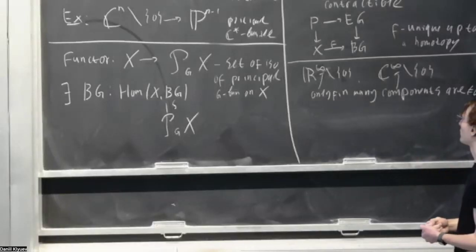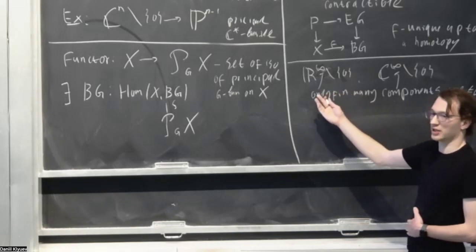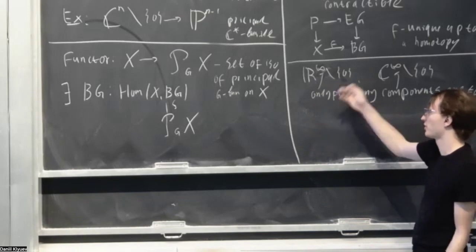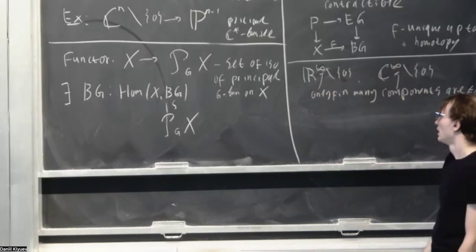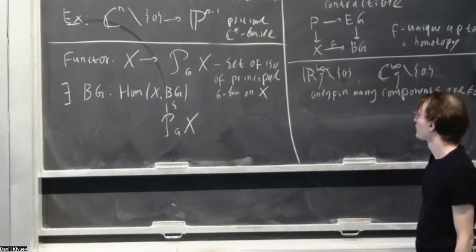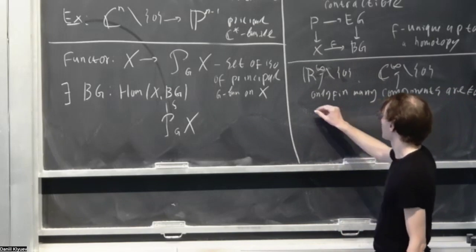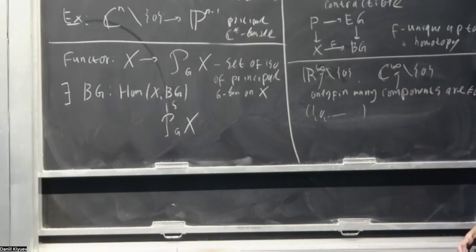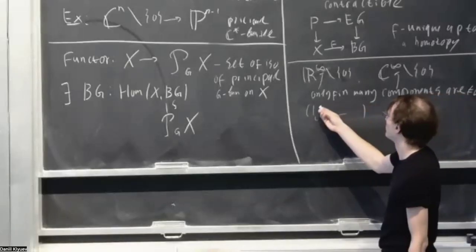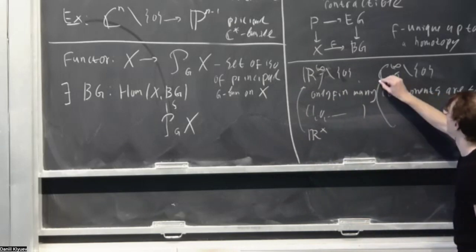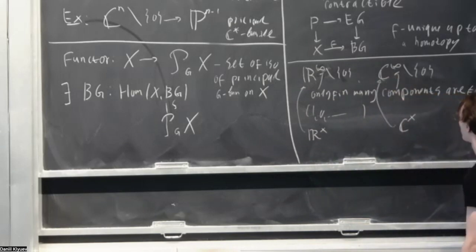And you can write explicitly a homotopy between the identity map and the map that sends everything to a point: use that it's infinite, shift to the right, and then send everything to 1, 0, 0, 0. So this is an example of such, and they, by construction, have the action of R^× or of C^×.